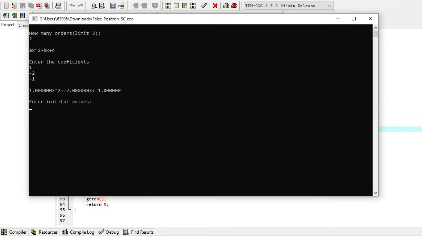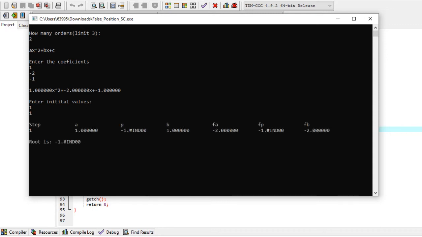Here, I will show you what will happen if we input initial values that make the functions both positive or both negative. So we input a and b as 1, 1. This will surely make the functions both positive or both negative.